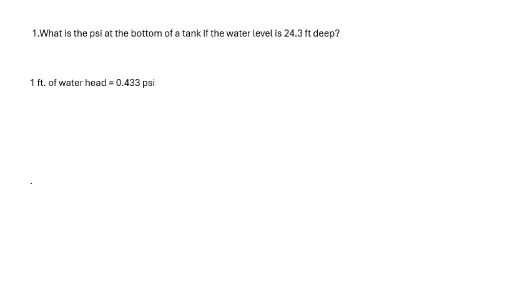So in this case, for the 0.433 PSI per 1 foot, foot's going to go on the bottom, so we're going to multiply the 0.433 PSI. So 24.3 foot times the 0.433 PSI per foot. The feet are going to cancel out, and you're left with 10.52 PSI.